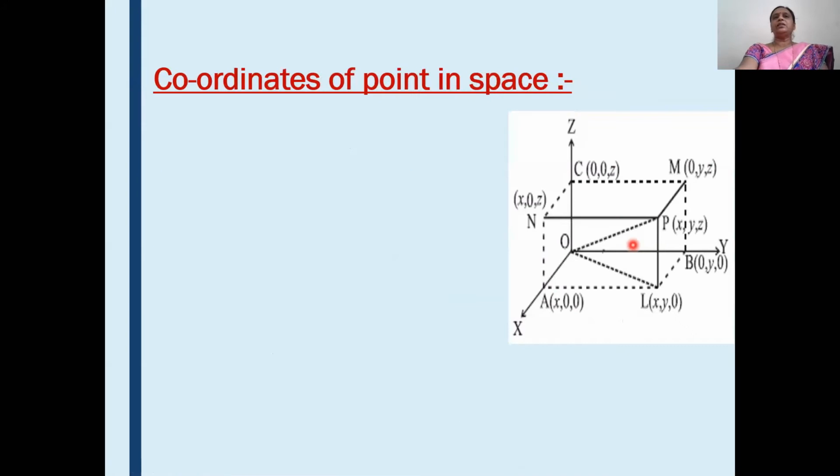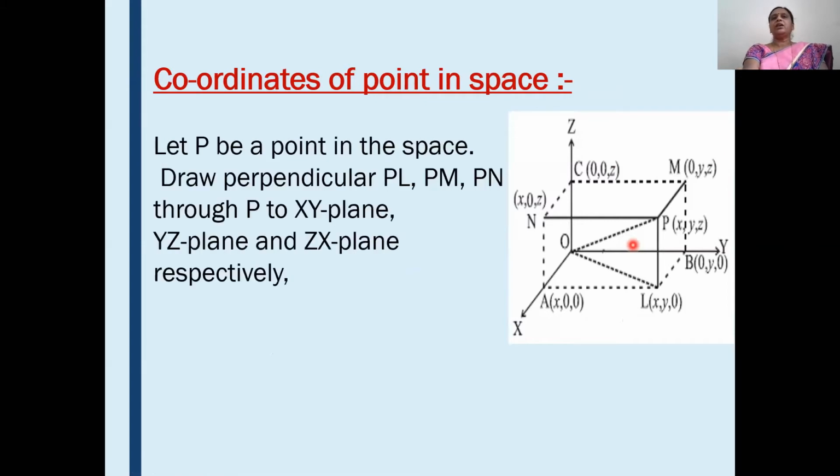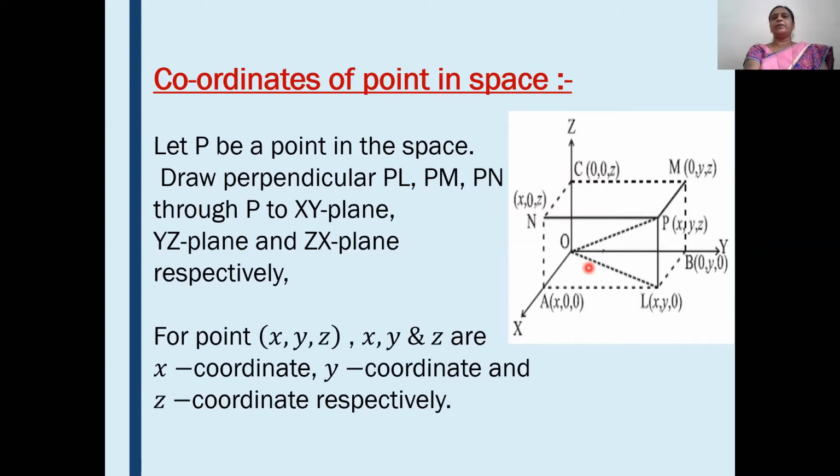Now we will see the coordinates of a point in space. Let P be any point in space. Draw perpendiculars PL, PM and PN through point P to the XY plane, YZ plane and ZX plane respectively. Now, for this point P (x, y, z), what are these x, y, z?